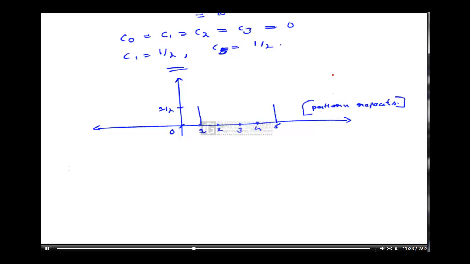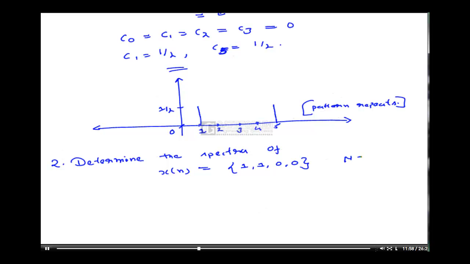Another example, in which again determine the spectra of xn equal to 1, 1, 0, 0, with period equal to 4.